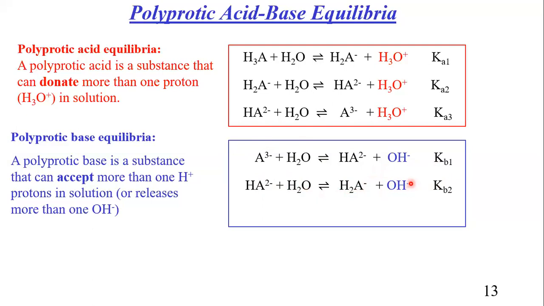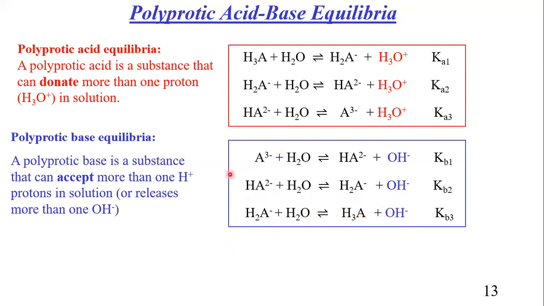The amount of hydroxide ion in this equation is never the same as the above, and usually the first basicity is bigger than the second. Wait a minute, H2A minus has a negative charge, it can also possibly accept a proton from water. And it's finally become neutral, it's become H3A, but it has released another OH minus.